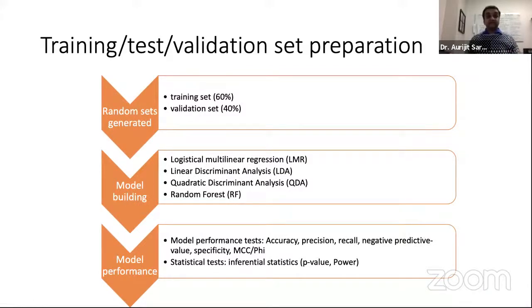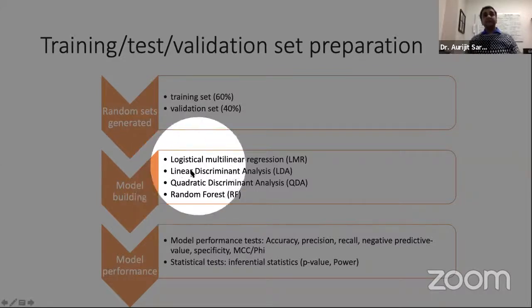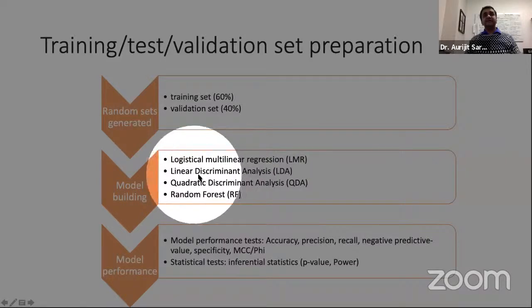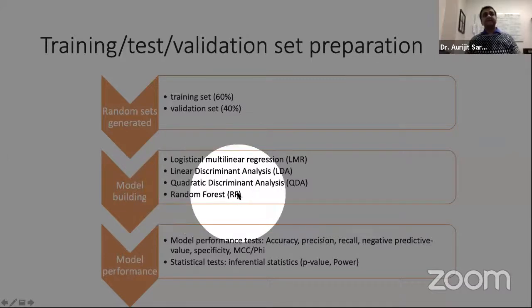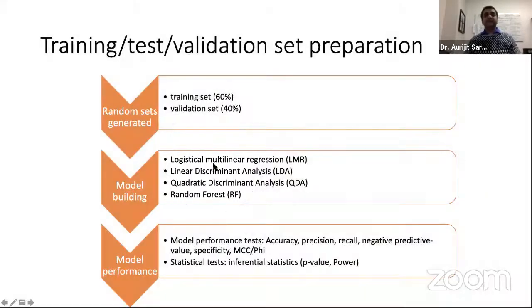There are multiple methods that you can use in order to build models. We use these 4: logistic multilinear regression, LMR, linear discriminant analysis, LDA, quadratic discriminant analysis, QDA, and random forest. The first one is a linear method that will help you to classify data into different categories.